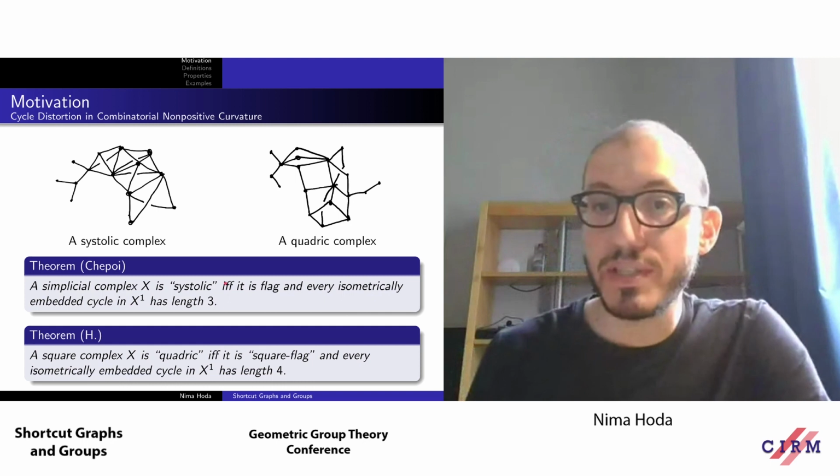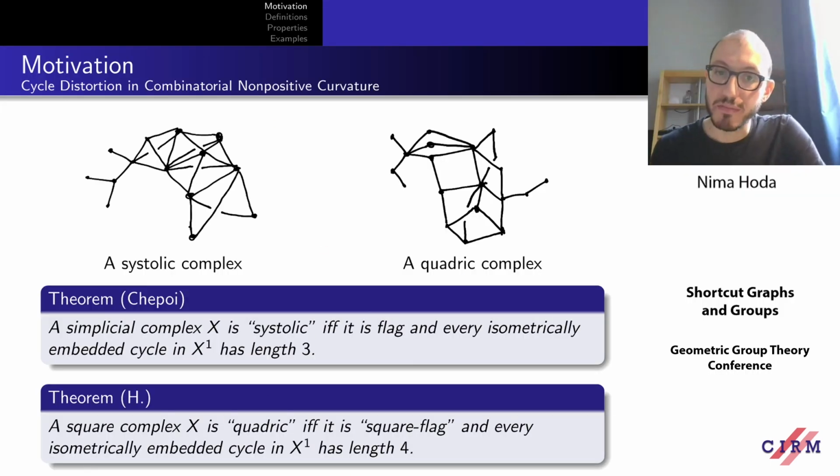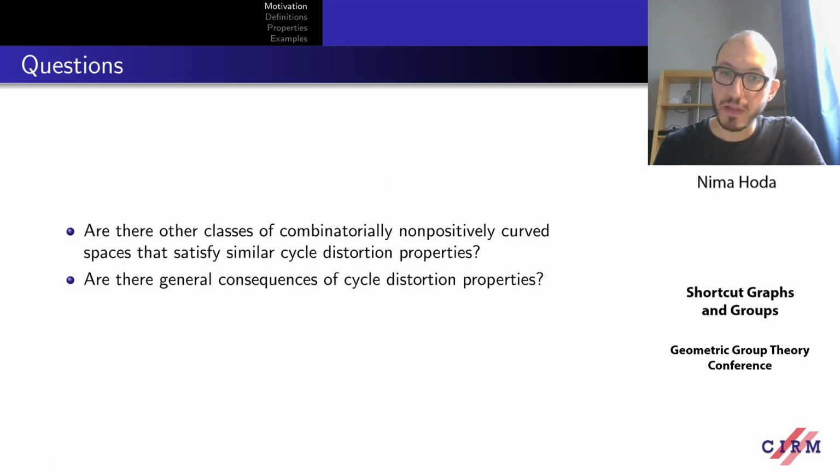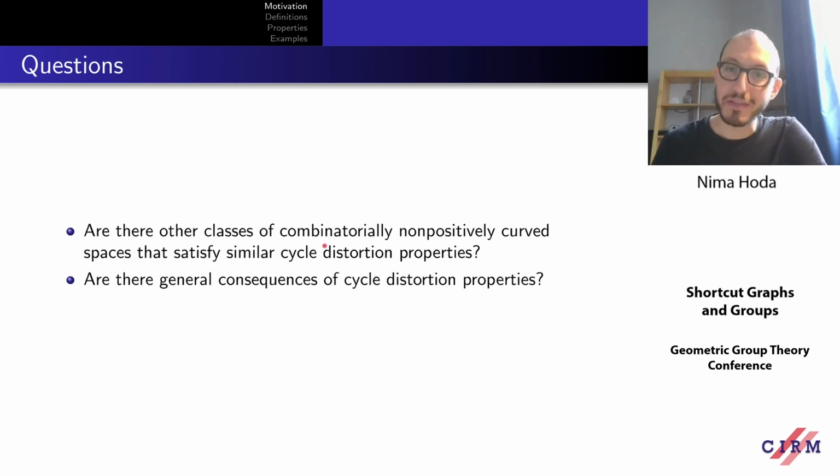So we had one bit of motivation from a continuous setting, and here we see that also in the world of combinatorial non-positive curvature, cycle distortion seems to show up prominently. Some natural questions arise, at least for me, from that discussion.